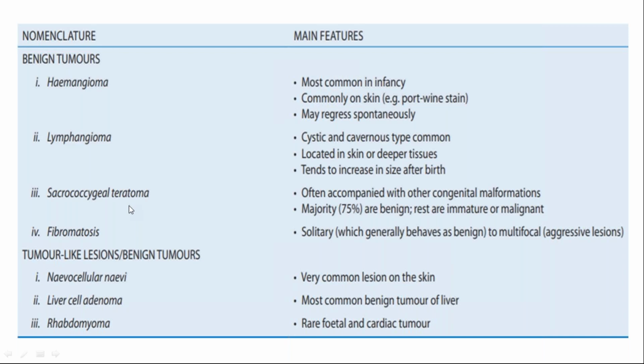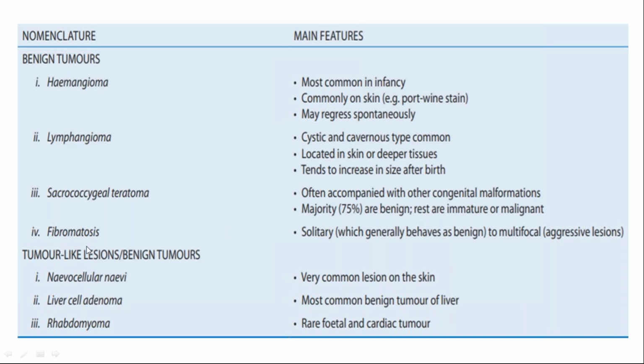We see hair, tooth, skin, cartilage, bone, anything, and mesenchymal structures like muscle, fibroblasts, anything. So this is sacrococcygeal teratoma. We see it as a congenital malformation mainly in infants, and the majority of these are benign tumors.